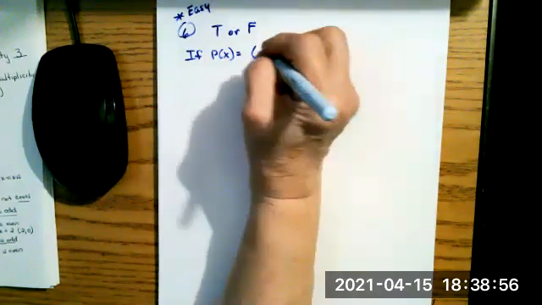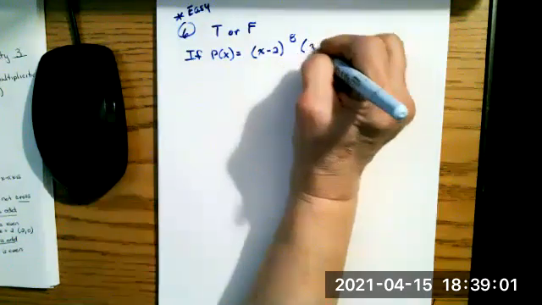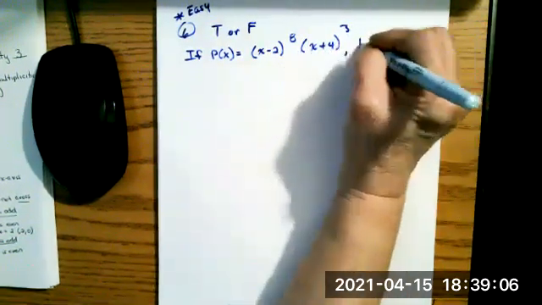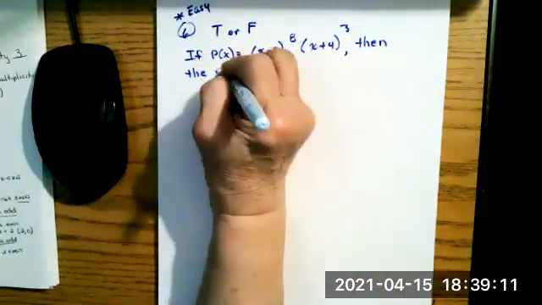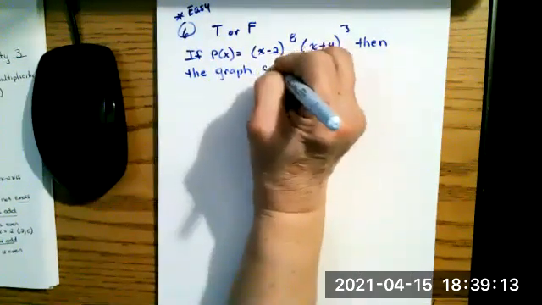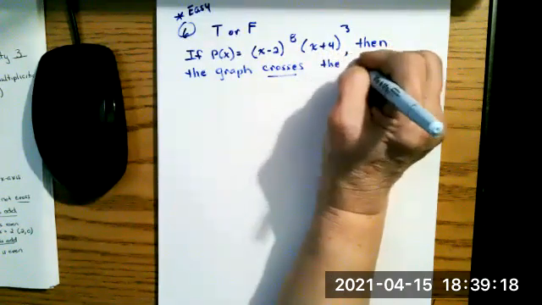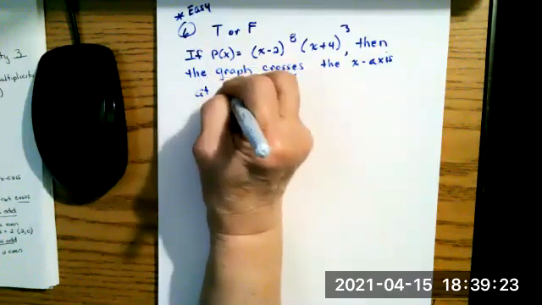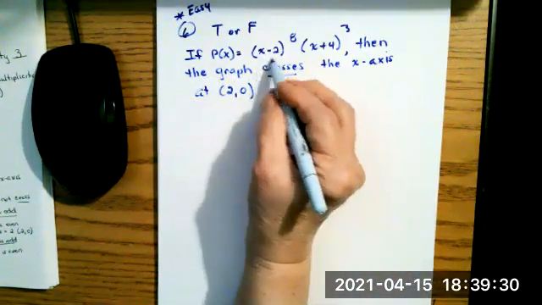If P of X equals X minus 2 to the 8th times X plus 4 to the 3rd, then this is a statement: the graph crosses the X axis at 2, 0. Okay, 2, 0 is definitely a 0. There it is right there.